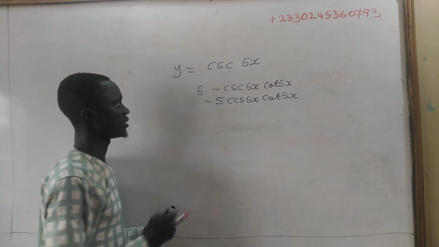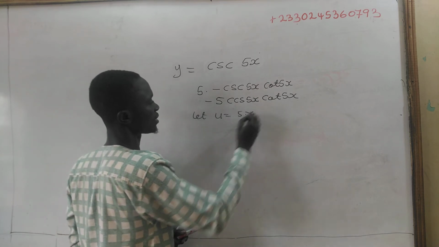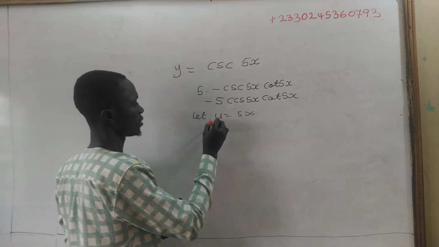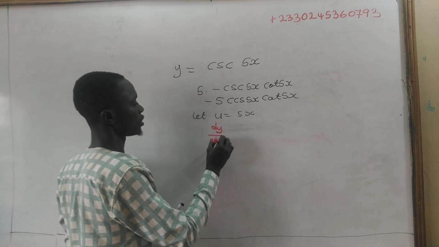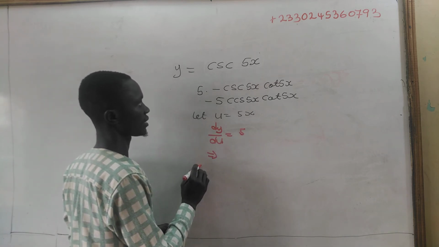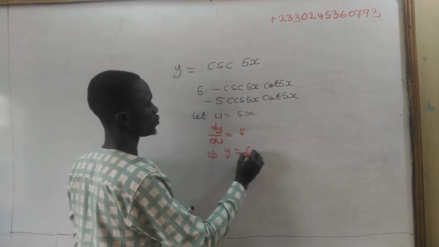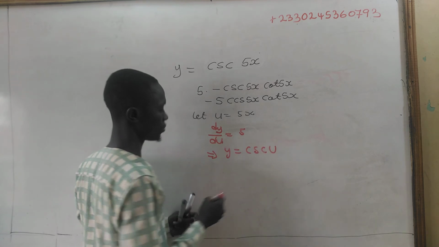Let's see, if you let u be equal to 5x, you see that du on dx will be equal to 5. And this implies that y is equal to cosecant u.